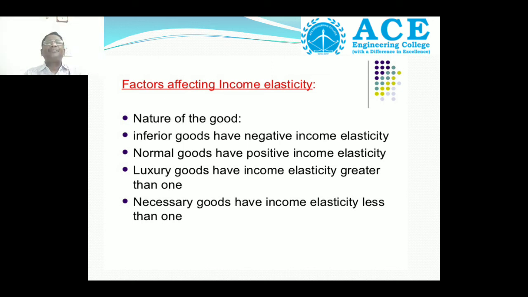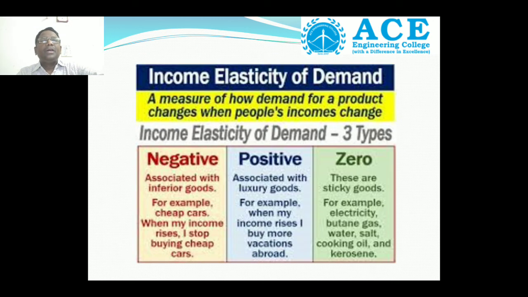Income elasticity of demand is a measure of how demand for a product changes when people's income changes. When people's income changes, how is the demand for that product changed? We classified income elasticity of demand into 3 types: negative income elasticity, positive income elasticity, and zero income elasticity.